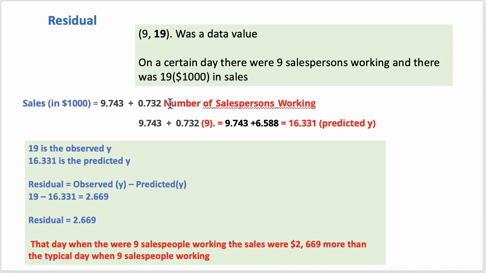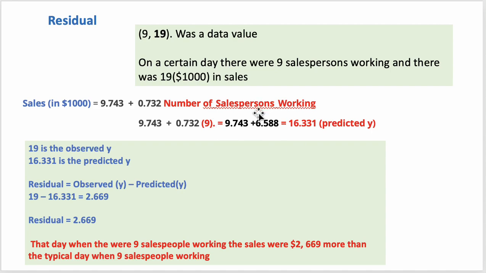So we substitute 9 in for the salespersons working into the equation. Remember, you multiply before you add. So we multiply 9 times this decimal, and we come up with 6.588.